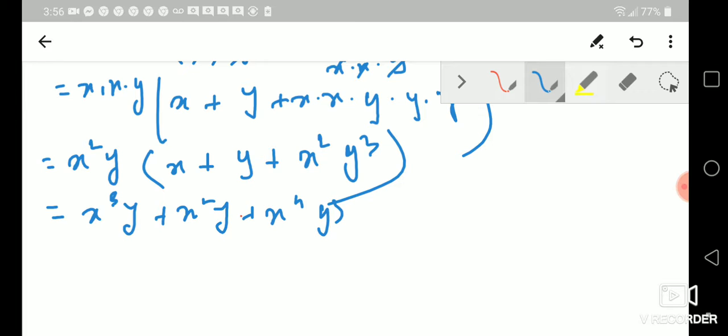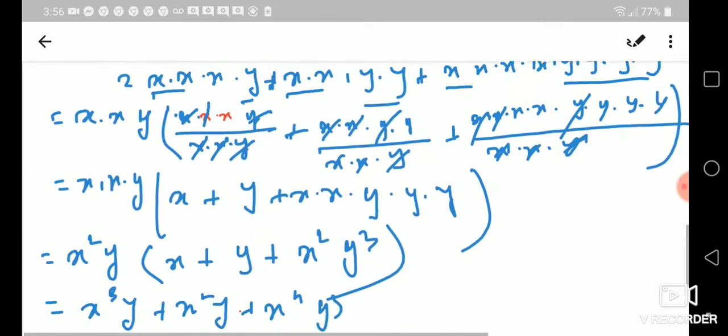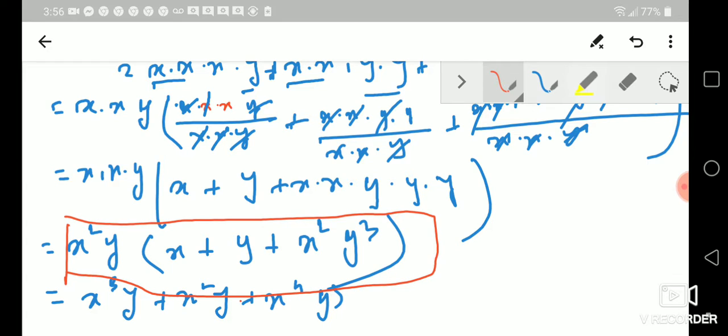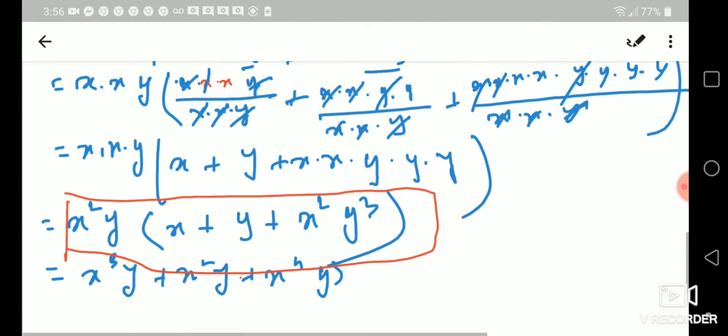This is exactly the same as our equation. This part was just done to write the expression in multiplication form, which is called factoring. So this is all about it.